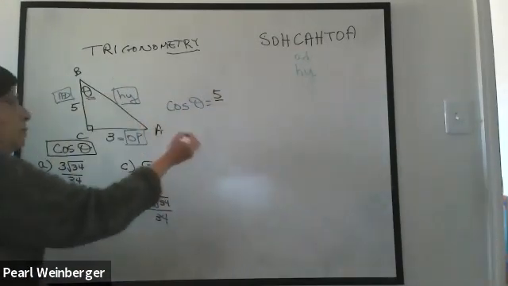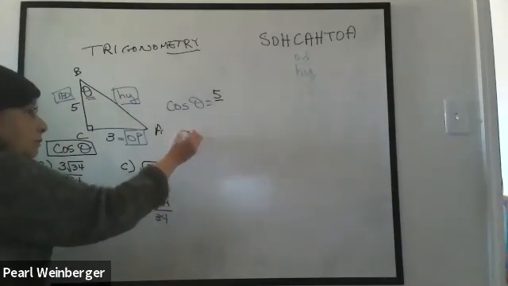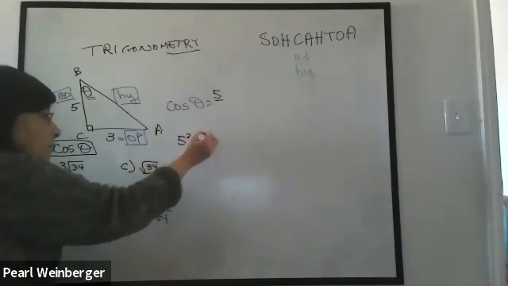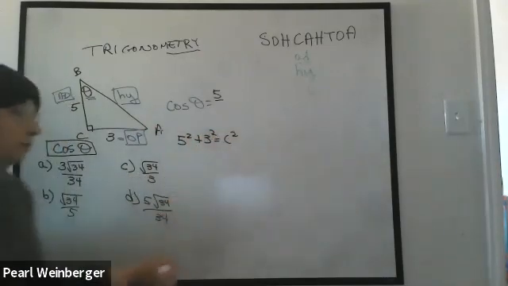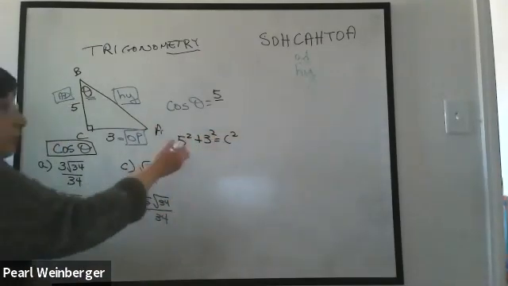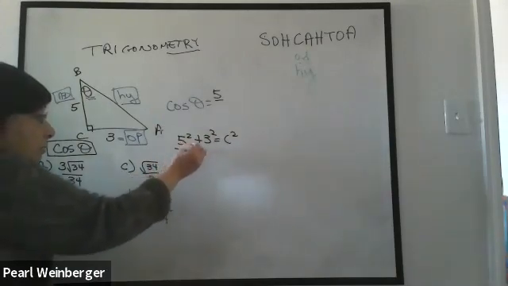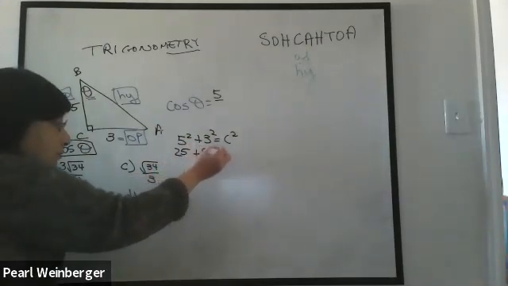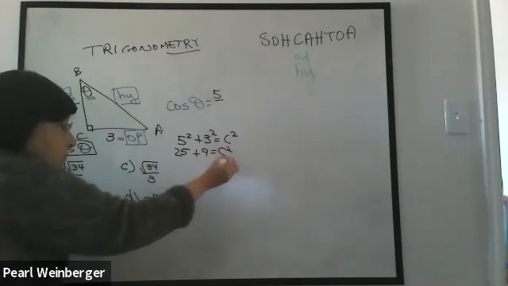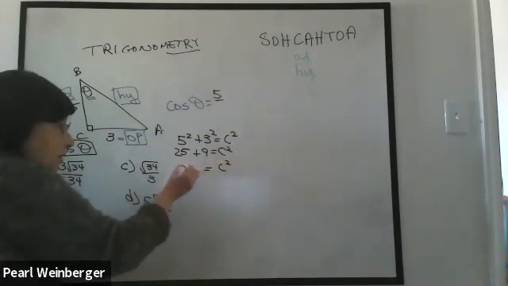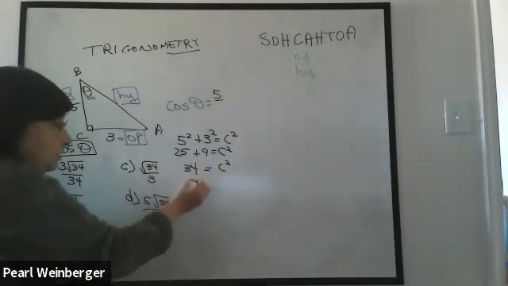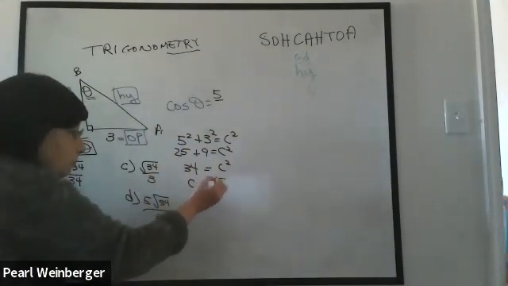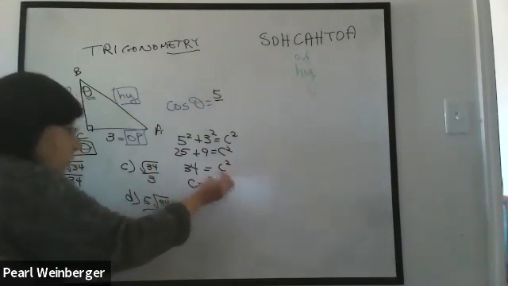So we have to figure out what is the hypotenuse. And again, we do it by using the Pythagorean theorem. We do 5 squared plus 3 squared equals c squared. And now we have 25 plus 9 equals c squared. So c squared equals 34, because 25 and 9 is 34, which means that the c has to be the square root of 34.